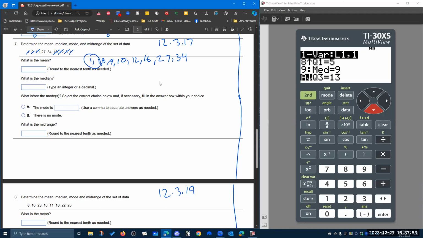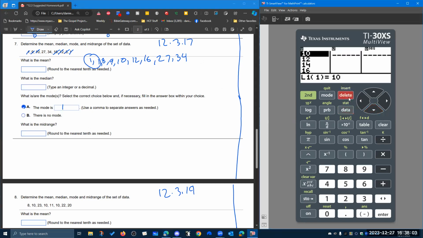So my mode is going to be 1. Let's go ahead and put this data in here. 1, 1, 8, 9, 10, 12, 16, 27, 34.